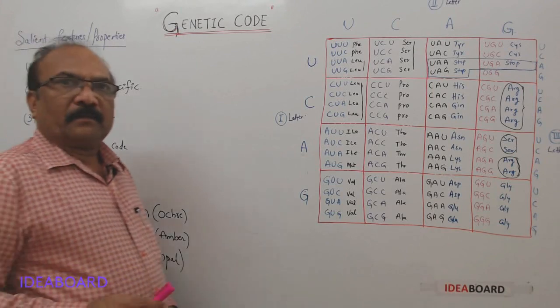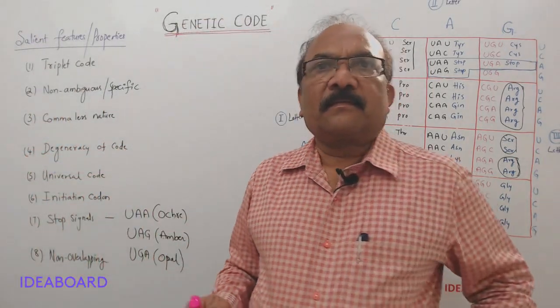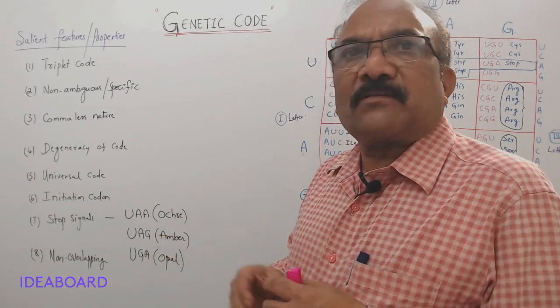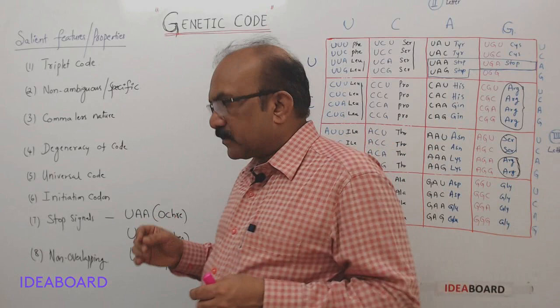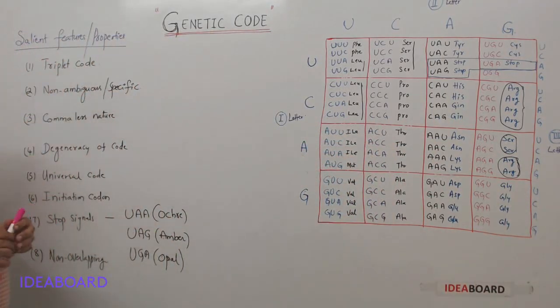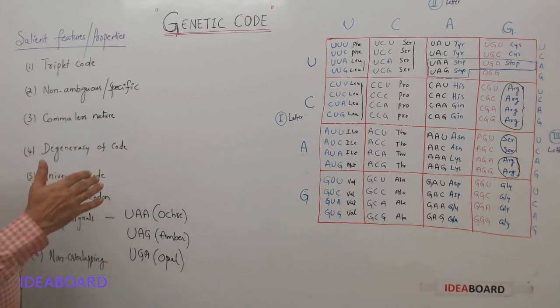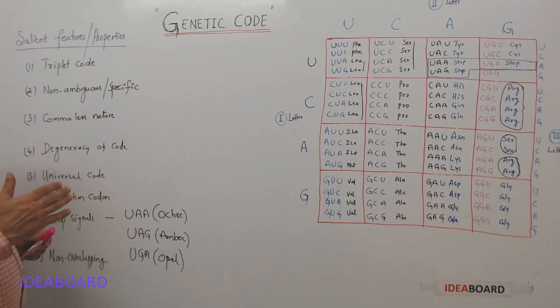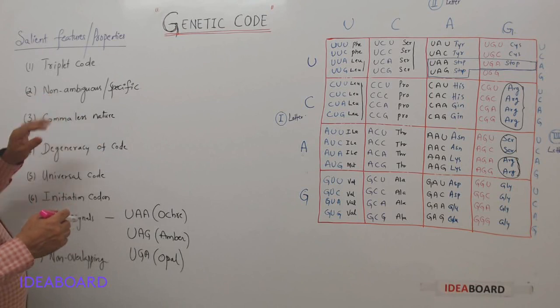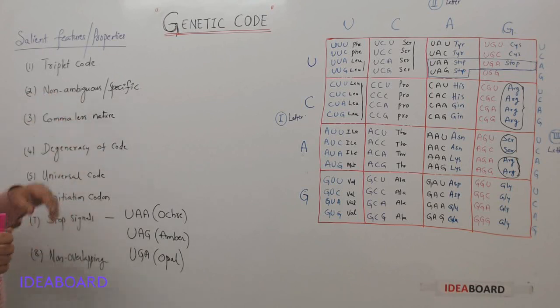Now let us discuss the salient features of genetic code or properties of genetic code. The first one is that the genetic code is a triplet codon. The three successive nucleotides will behave as a codon or triplet code. And it is non-ambiguous or specific.